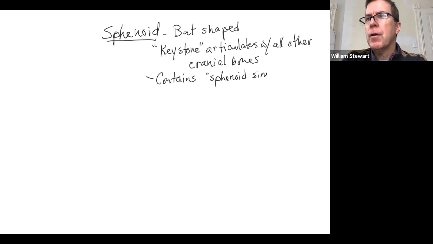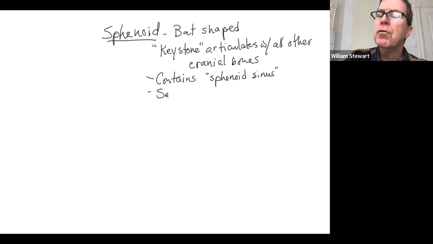If I have time, I'll talk about sinuses and their function. I'm just going to list the markings I want you to know. There is a groove on the superior surface of the sphenoid called the sella turcica. It's just a fancy name.